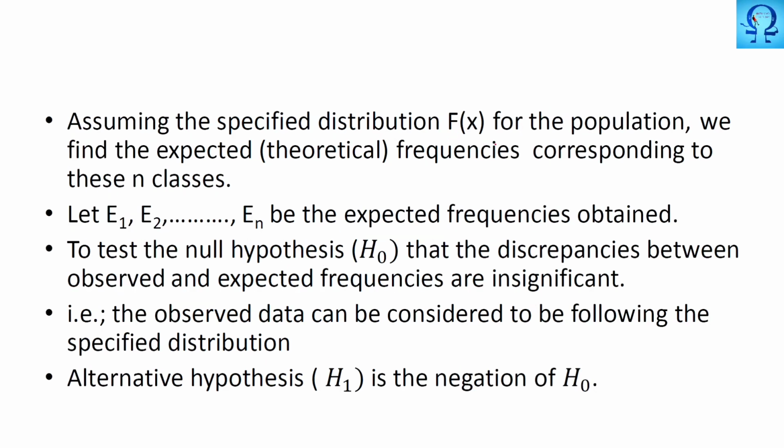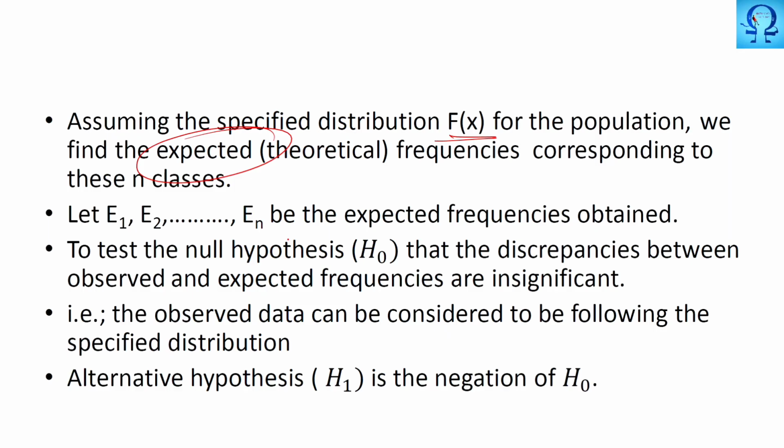So assuming the specified distribution for the population, we find the expected values. This expected value we will have to calculate. That one we denote as e1, e2 through en.